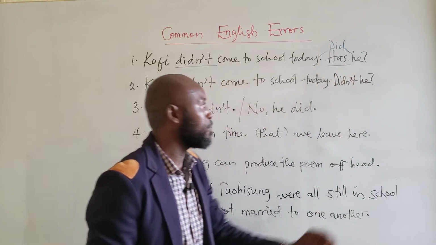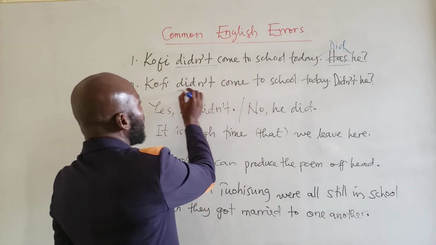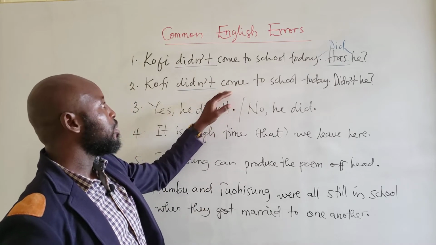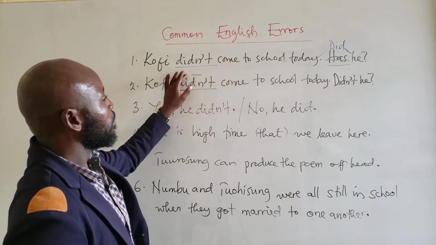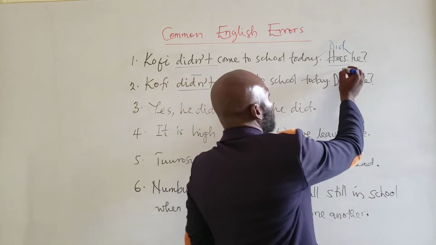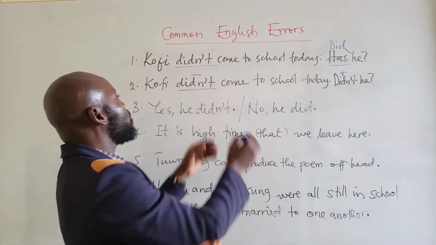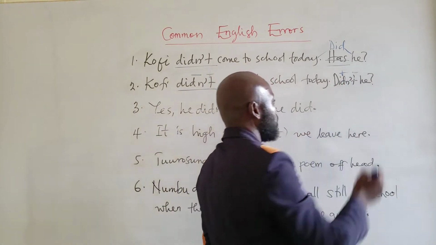Didn't he? Second principle. It says that when the verb used here in the statement is negative, the verb here should be positive. And when the verb used here is positive, the one here should be negative.